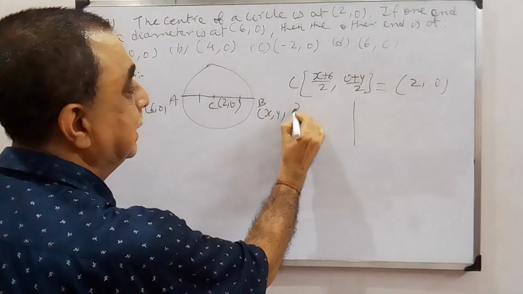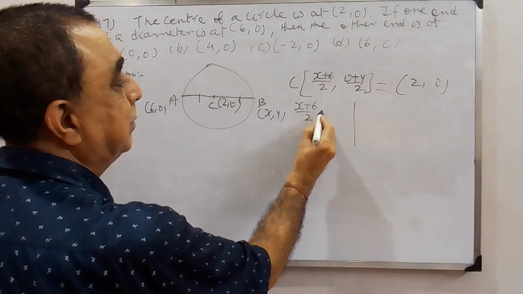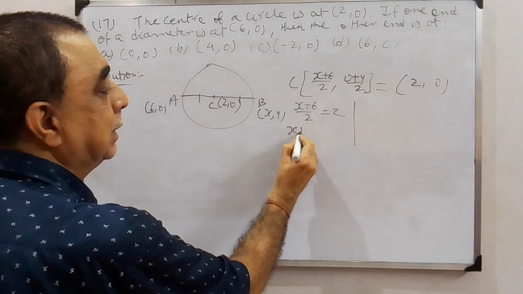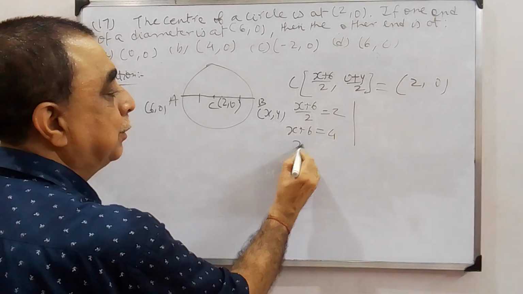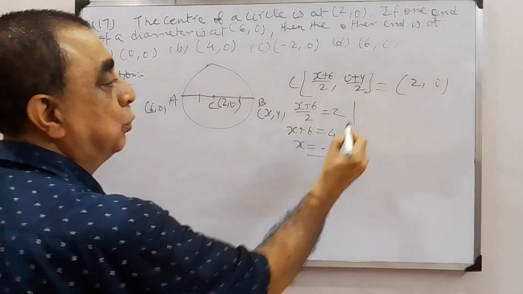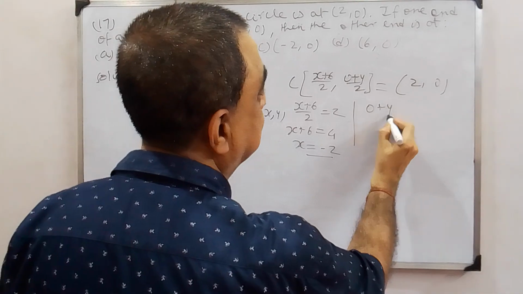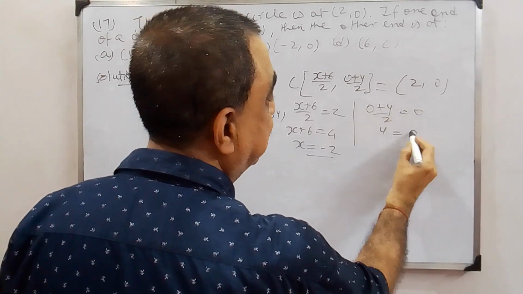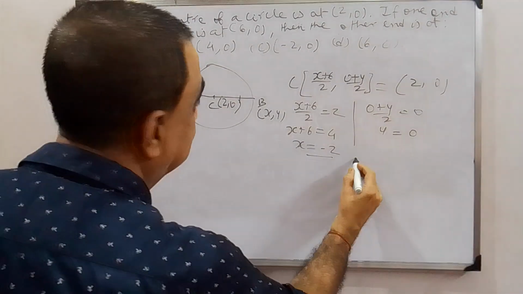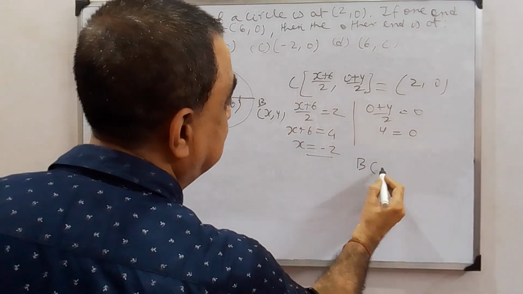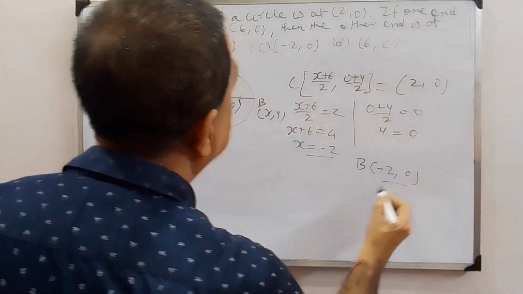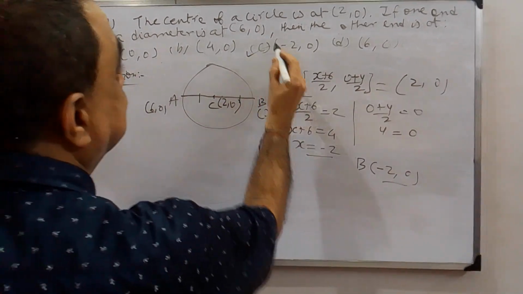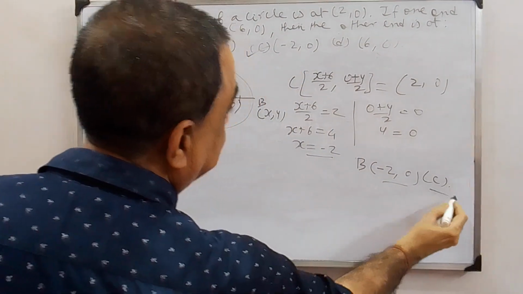So x plus 6 divided by 2 is equal to 2. So x plus 6 is equal to 4, so x is equal to minus 2. And 0 plus y divided by 2 is 0, so y becomes 0. So the B coordinate will be minus 2, 0. Which is the correct option? Number C.